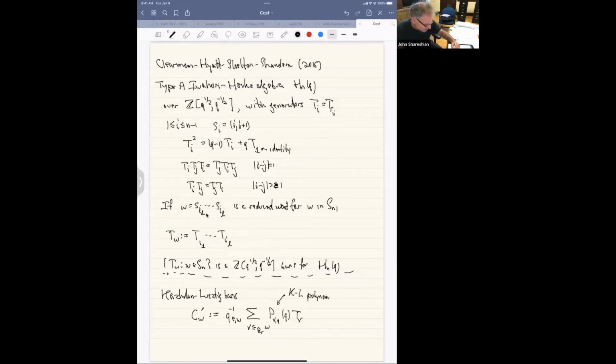And these are very, very interesting, but they aren't really the subject of this talk. So these are just some things that exist. This basis here of C primes has many nice properties that the sort of obvious basis of T did not. And let me just say that P_{v,w} is a power of q here if v lives below w in the Bruhat order.